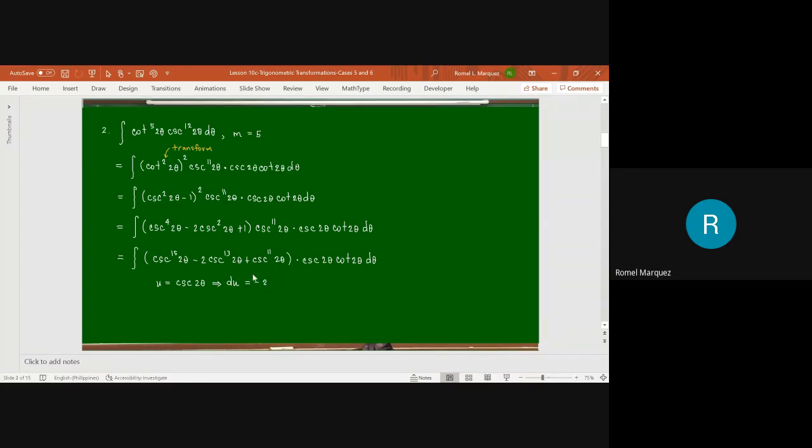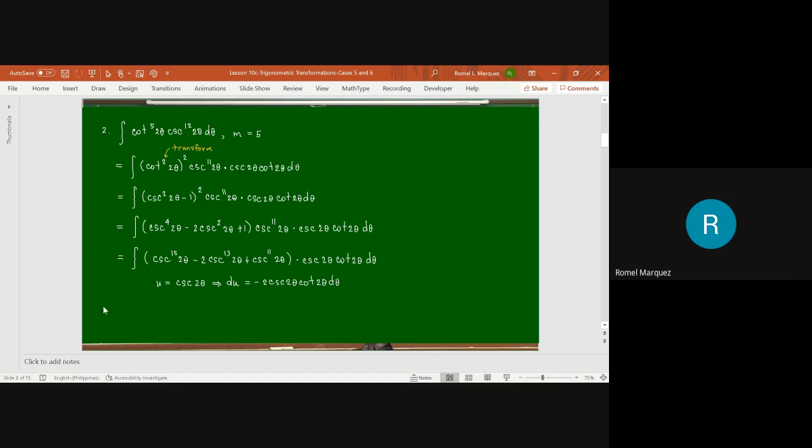Negative, derivative of 2 theta is 2. Then cosecant of 2 theta, cotangent of 2 theta, d theta. Okay, guys?